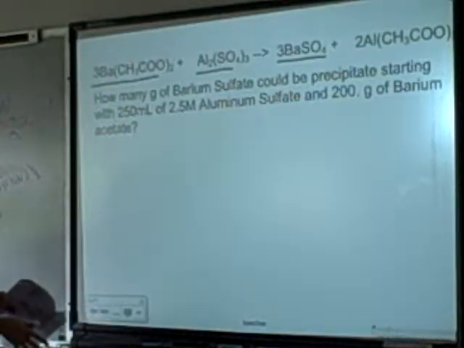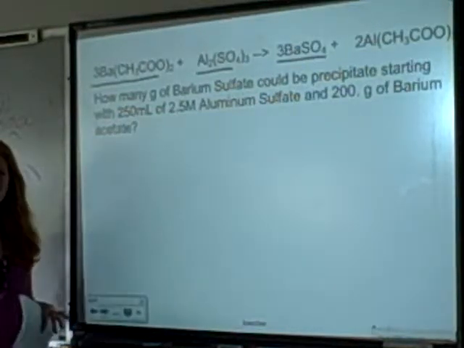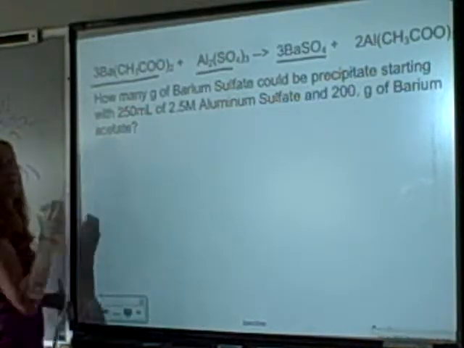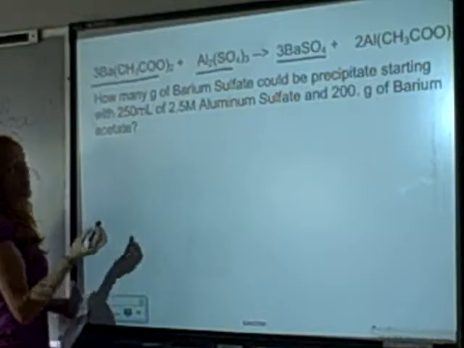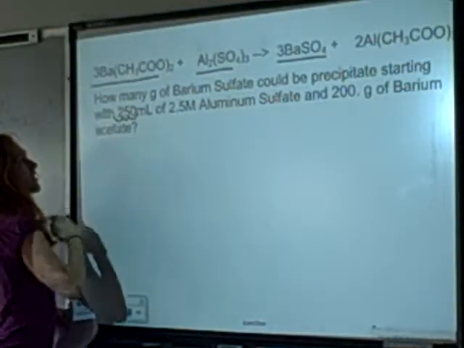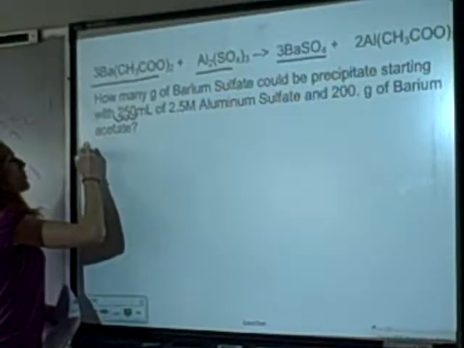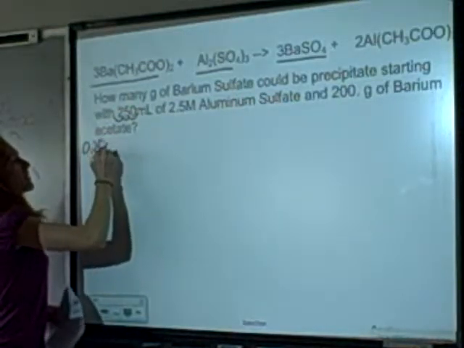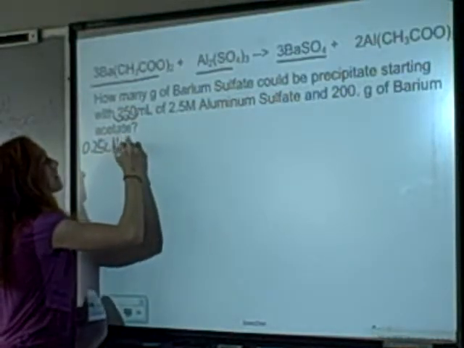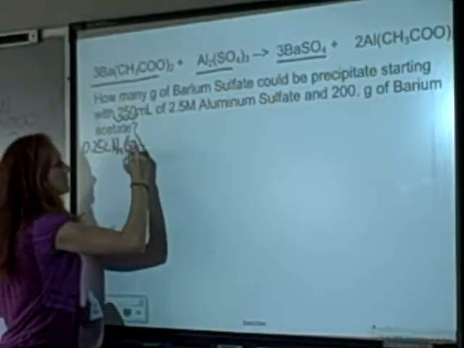So let's start with the harder part, the molarity one, or the new part for us. So we have 250 milliliters. Hopefully you don't mind me saying there's 1,000 milliliters in 1 liter, so I can just move this decimal back 3 times, and that is 0.25 liters of aluminum sulfate, Al2(SO4)3.